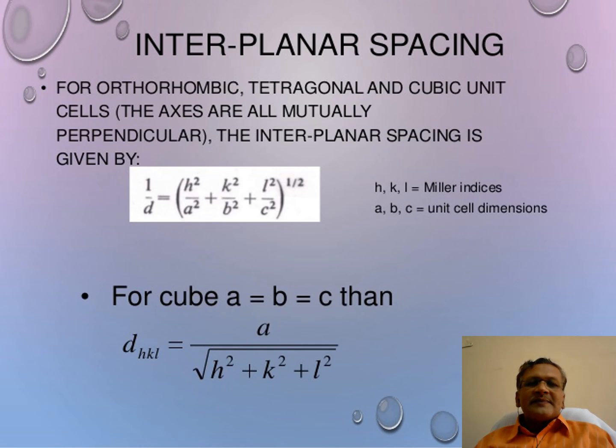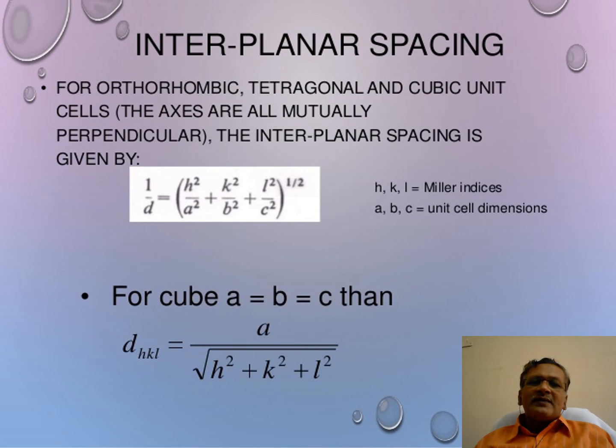Then interplanar spacing is given by 1 by d equal to h square upon a square plus k square upon b square plus l square upon c square, raised to half. It can also be written as 1 by d equal to the square root of h square upon a square plus k square upon b square plus l square upon c square.